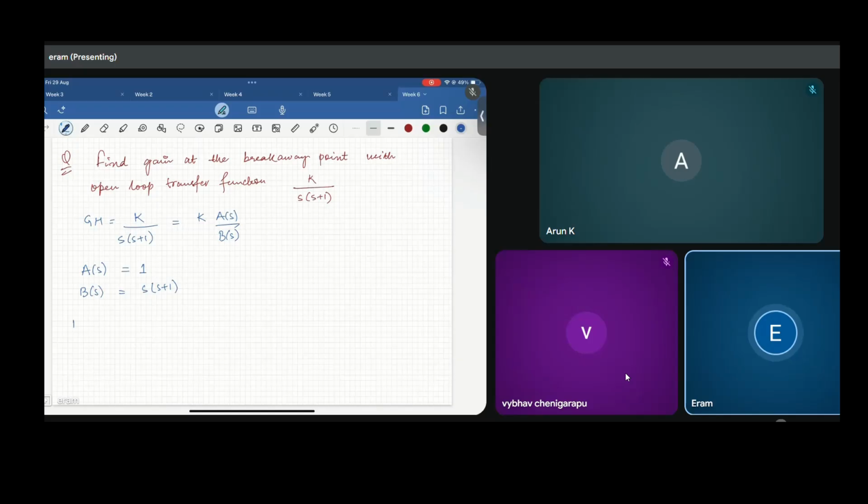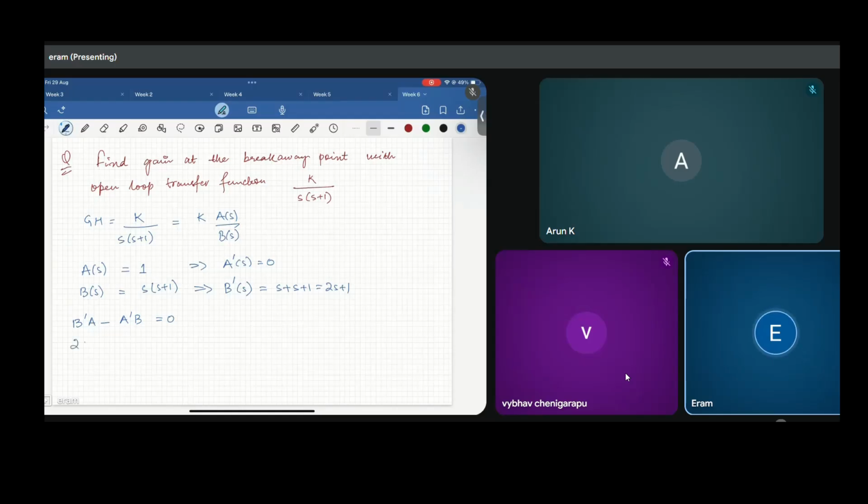Then we need to solve b dash a minus a dash b equals to 0. Okay, b dash of s, that is derivative of b with respect to s, is nothing but s plus 1, which is 2s plus 1, and since a is constant, its derivative is 0, and then we need to put it in this equation.